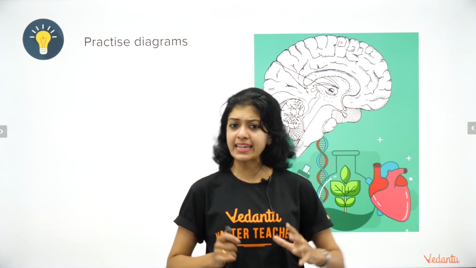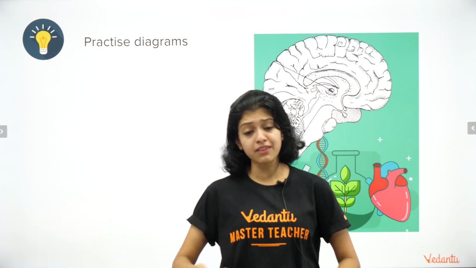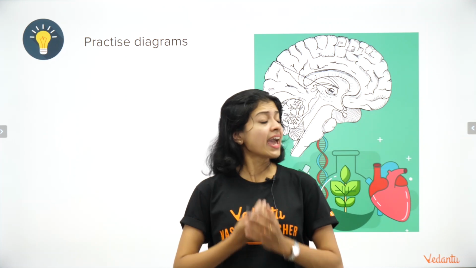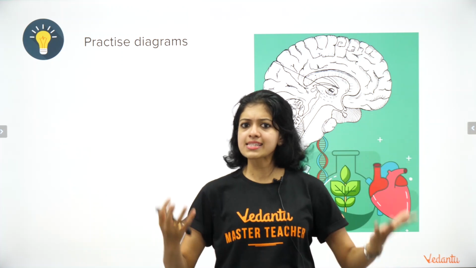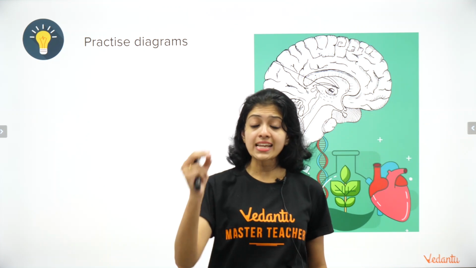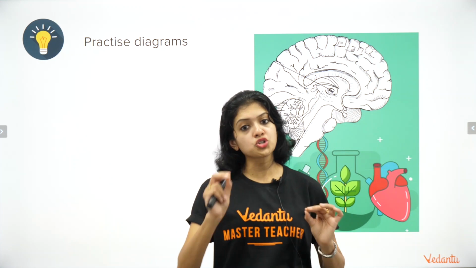Practice them neatly. Even if you are not an artist, even if you don't have artistic skills, it's completely all right. Not everyone can draw like an artist, right? Like giving shades and things like that. That doesn't matter. Scientifically, what you draw and what you label has to be completely correct, okay?